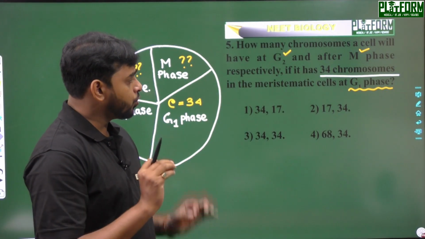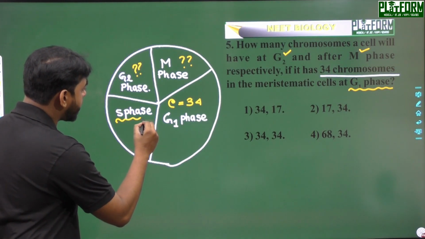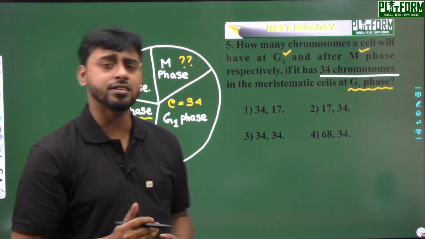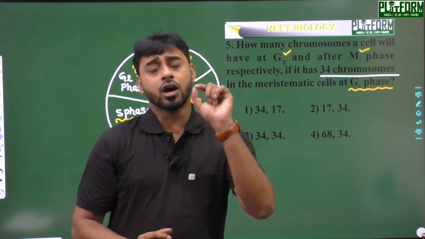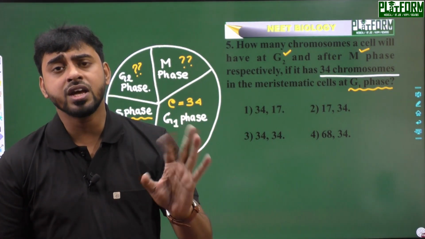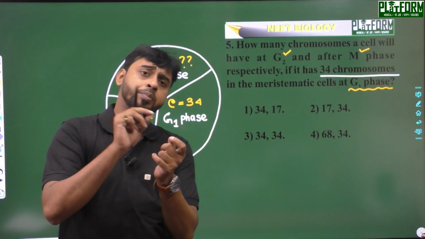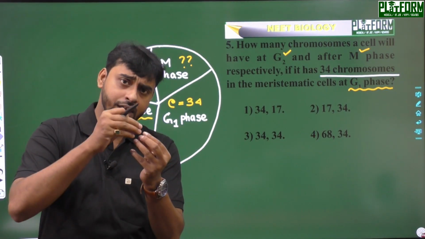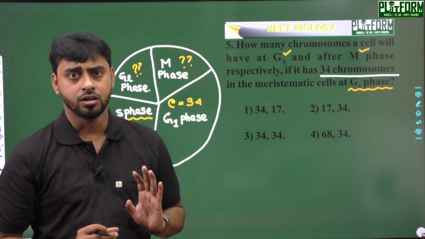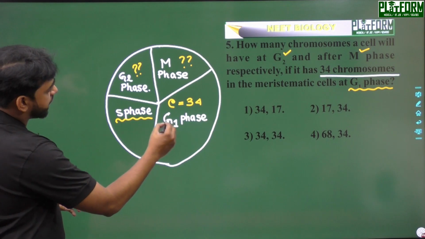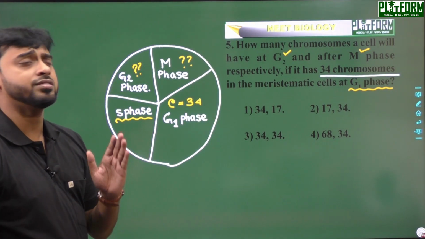Okay. Now you know that in S phase the DNA molecule which is present inside the cell gets duplicated. Fine. But the chromosome number remains the same. Why does the chromosome number remain the same? Because the duplicated DNA remain connected with each other with a common centromere. So although the DNA content gets doubled, the chromosome number remains the same.